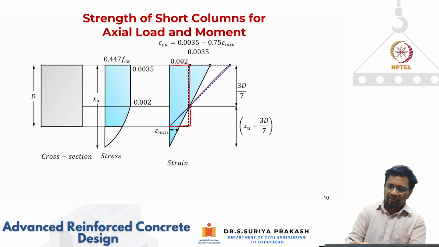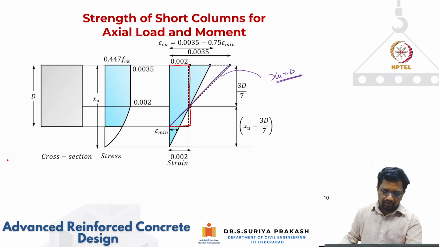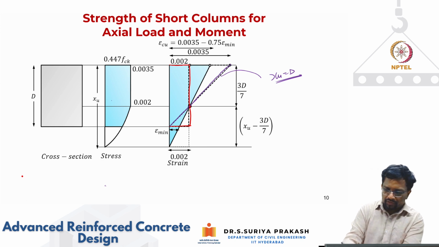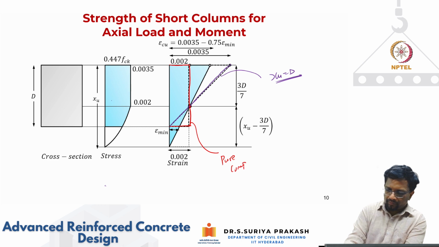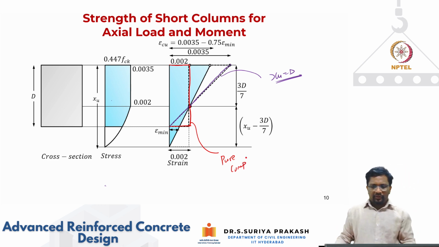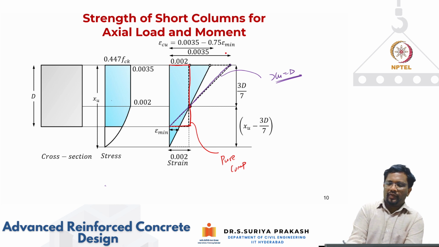So this is your pure compression, and this will happen when xu is equal to D. So what the code is saying is that for pure compression you have 0.002 for the entire cross section. When xu is equal to D, then you have a maximum strain of 0.0035.